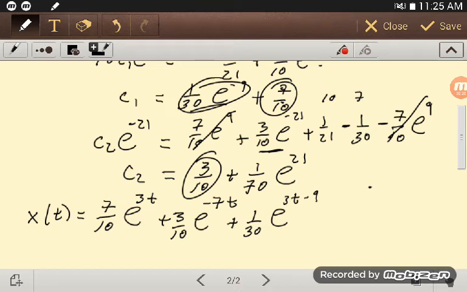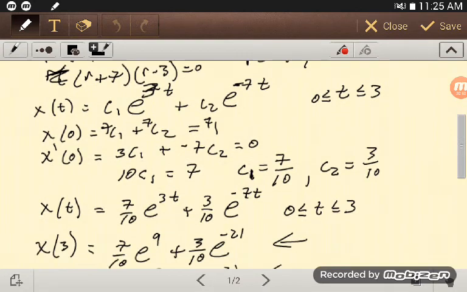And then finally I have the plus 1 over 70 e to the minus 7t plus 21. So I have that. But then we had our particular solution.